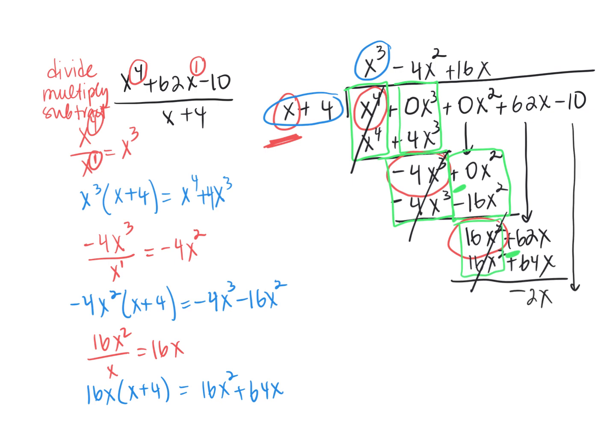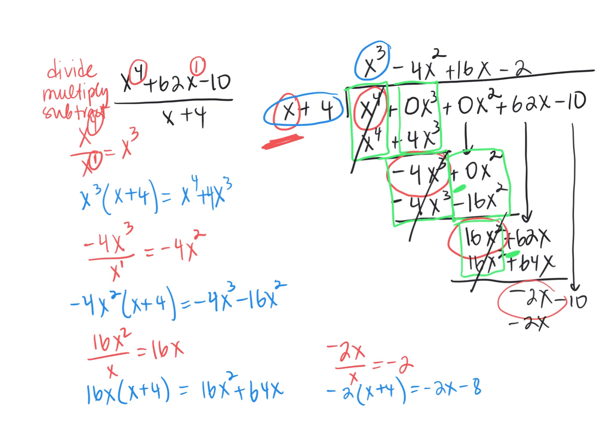Finally, bring the last term down, that's a negative 10, and we repeat the steps again. So we will be dividing this negative 2x by the same x that I circled originally. So negative 2x divided by x, and that's a negative 2. This goes to the top. Now we multiply, the blue step, negative 2 times x plus 4, same x plus 4 that I circled before, it gives us negative 2x minus 8, and this goes below the box.